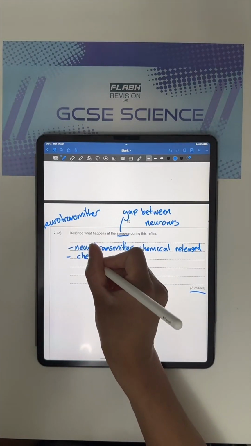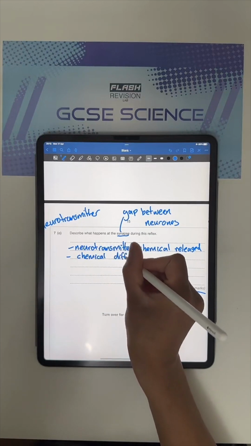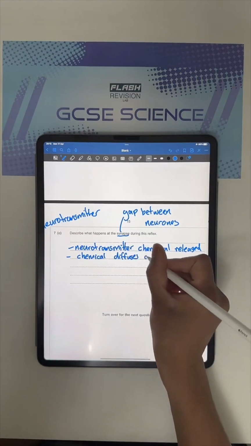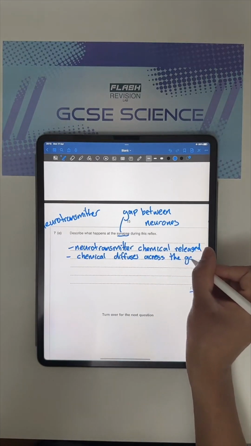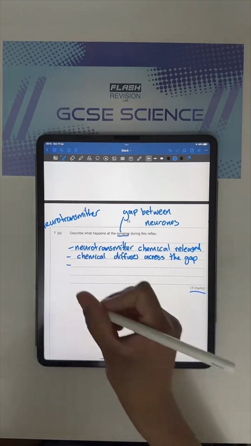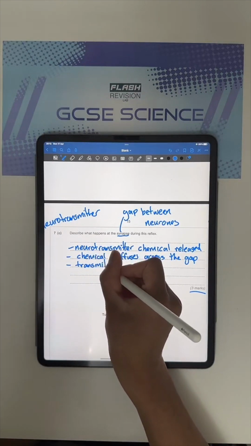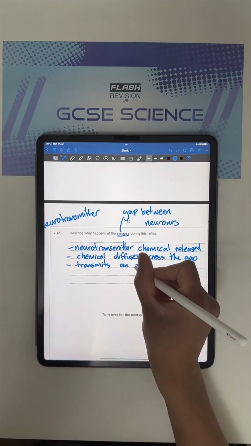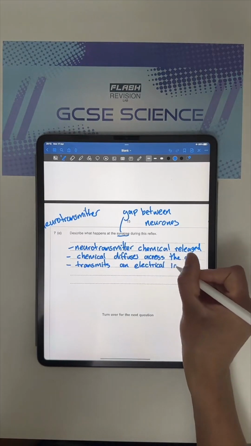So the neurotransmitter chemical diffuses across the gap. Then when it reaches the other side, it turns that chemical into an electrical impulse. So it transmits an electrical impulse.